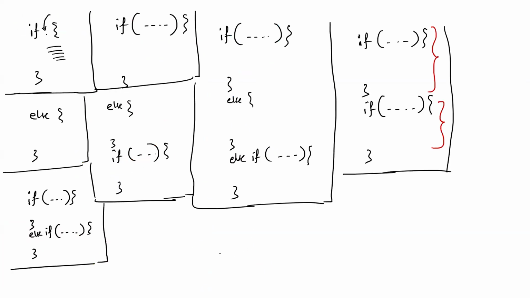Optional. Possible or not possible? Possible. Then because of space, I'm writing here if followed by else if followed by else followed by if condition, again its block. Is it possible?